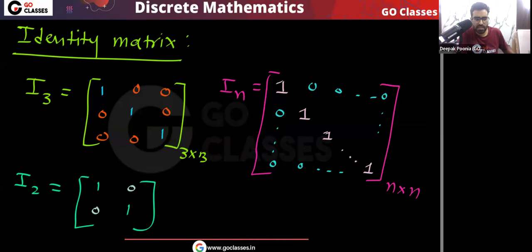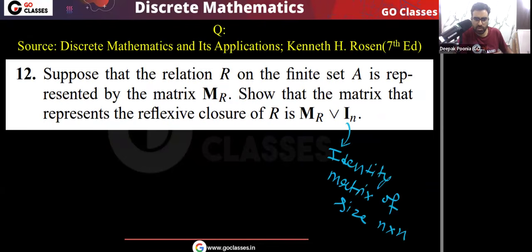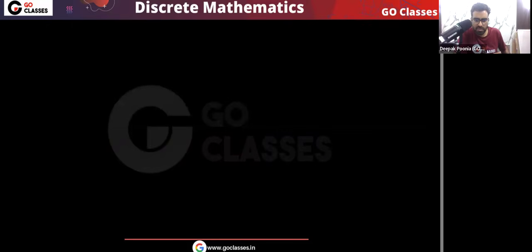Now you tell me, if you have the matrix representation of R, how to find the reflexive closure of R? You already know that if the matrix representation of relation R is given to you, then how to find the reflexive closure?